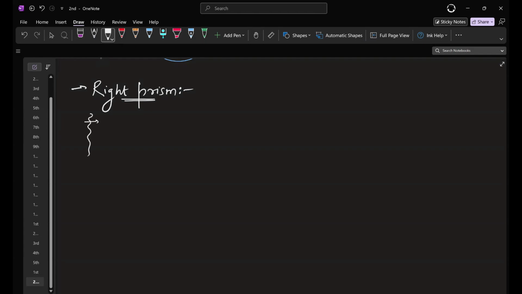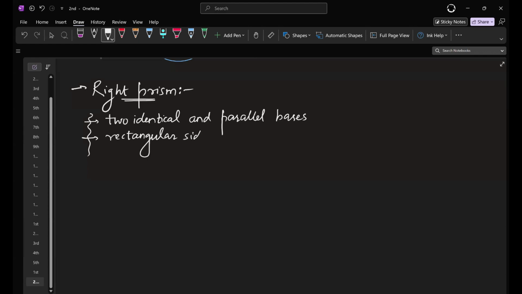First one being two identical and parallel bases. The second one being rectangular sides connecting the bases.